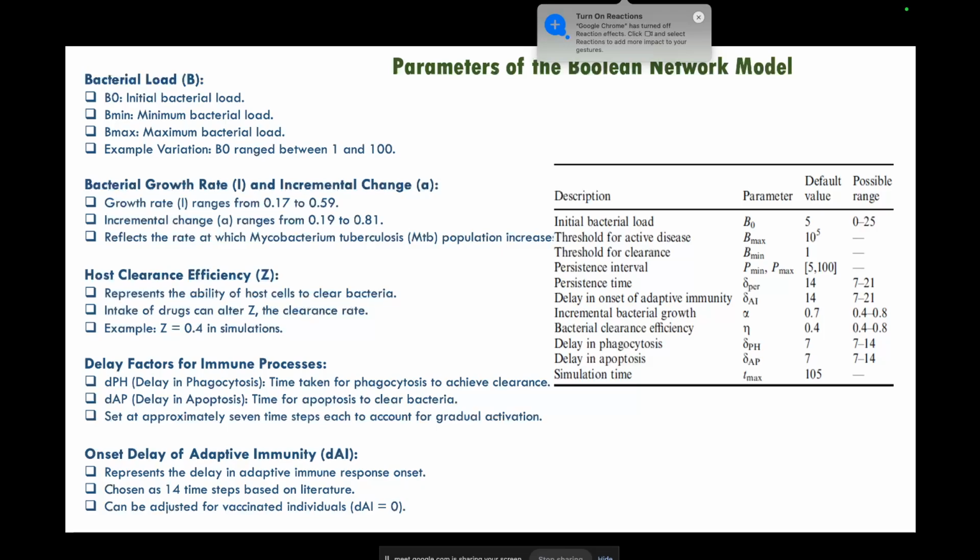Adaptive is going to take some time after the innate has kicked in. So there is a delay for that as well, the onset delay of adaptive immunity. These are the different parameter values that they have assumed, the possible ranges, and also what they have mentioned here.